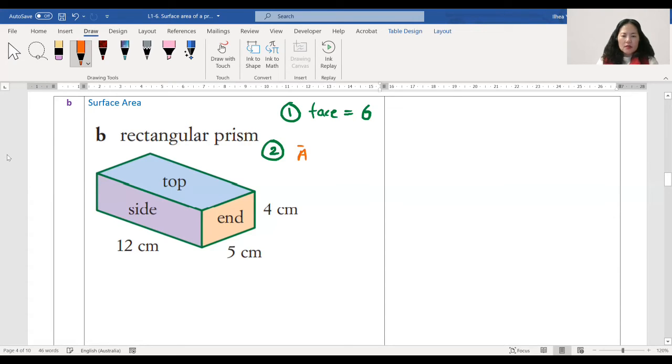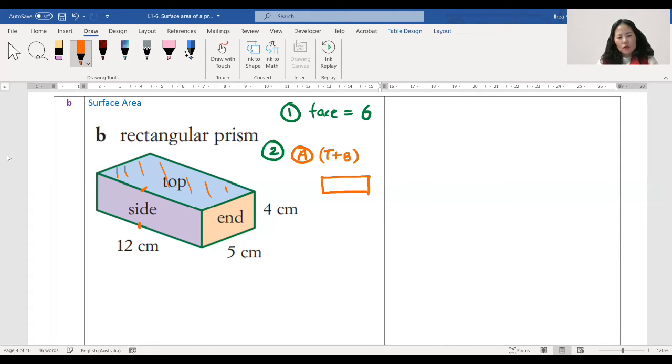The first rectangle is the top and the bottom. So I'm going to just put top and the bottom, and draw a picture for the top one. What are the measurements here? This one is the same as this, isn't it?